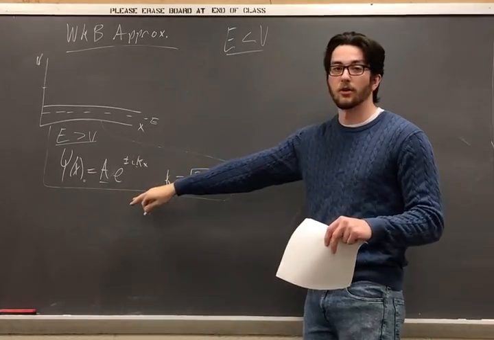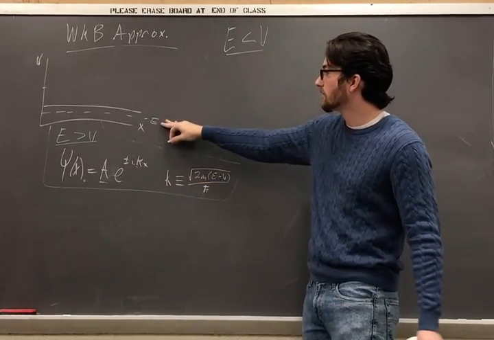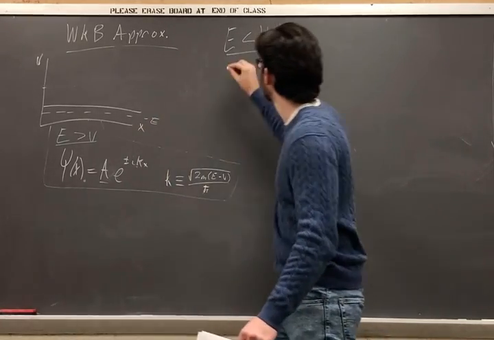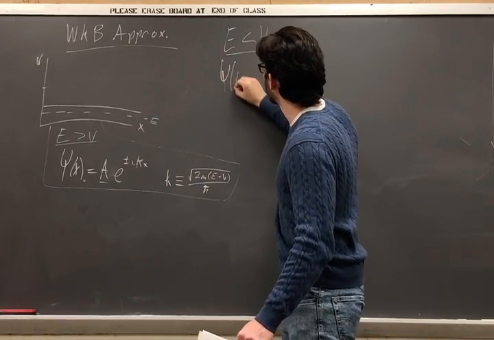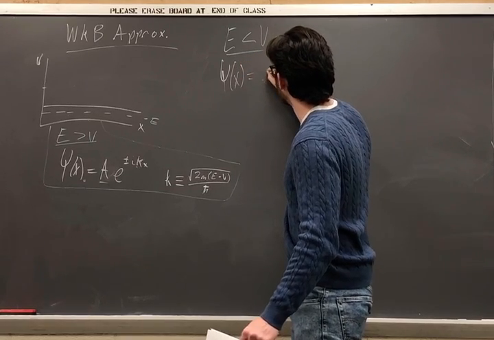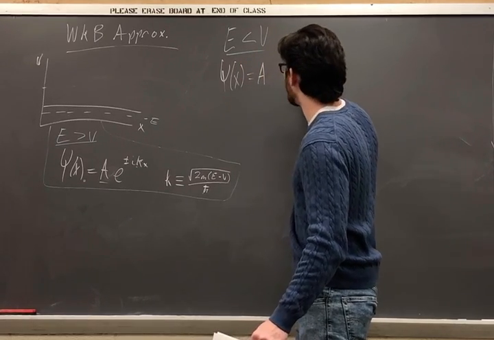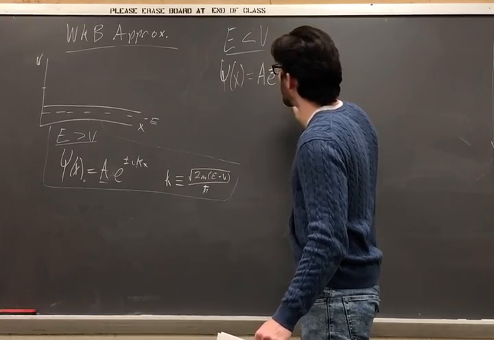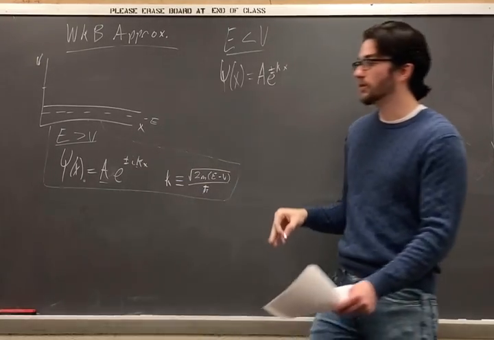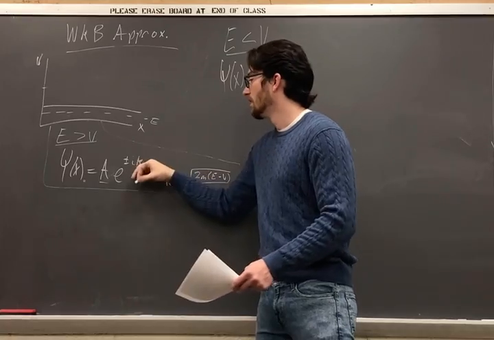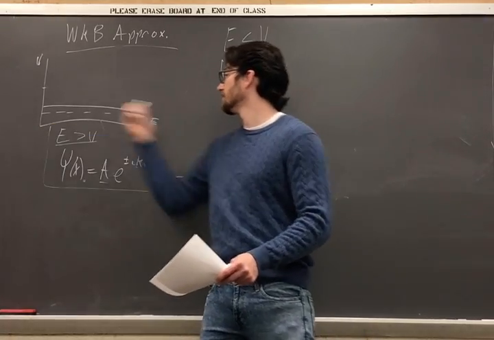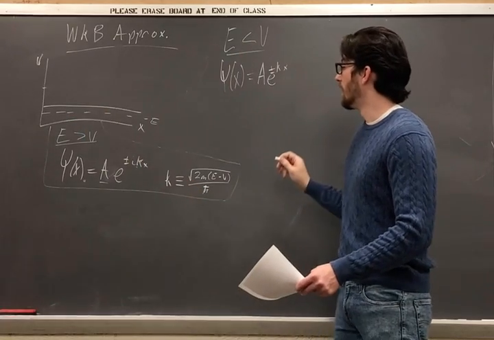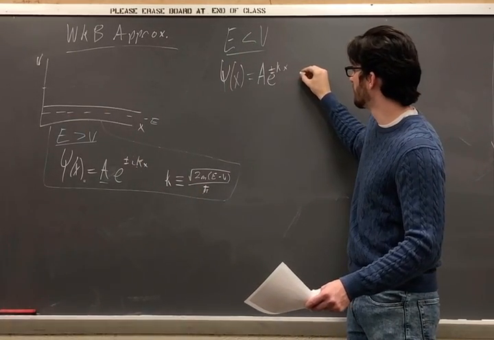It's kind of a similar equation, right? Again, we know how to solve this. So all we see is that our psi looks like this: psi of x equals some amplitude A, e to the plus or minus k x. Now, if you remember, those plus or minuses are two different forms, where plus is going rightward and minus is going in the negative direction.